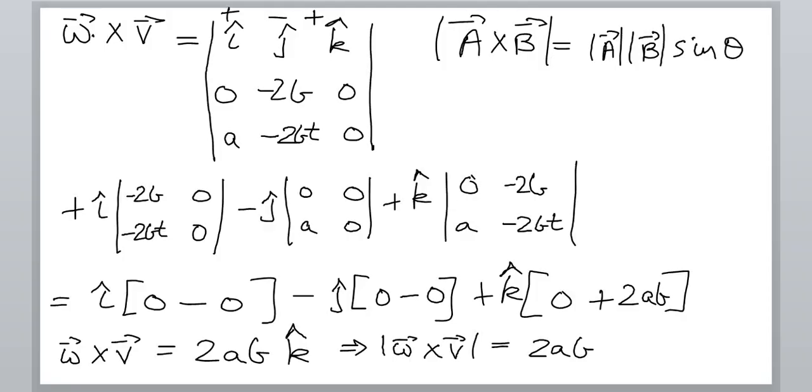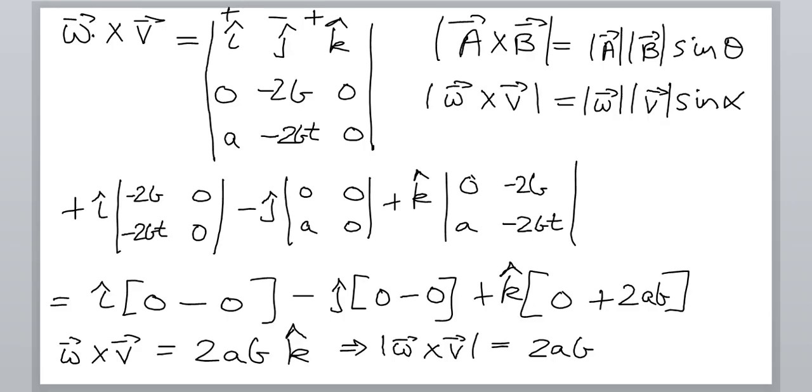Now see this equation in terms of our notation. This can be written as modulus of w vector cross v vector is equal to the modulus of w vector multiplied by the modulus of v vector multiplied by sine theta, or let's say sine alpha, because we are denoting the angle between w vector and v vector as alpha, right?